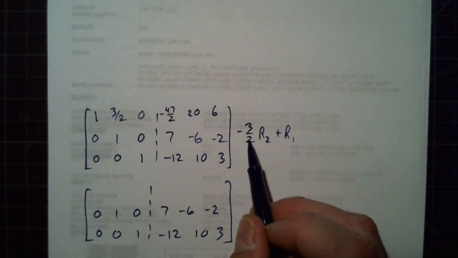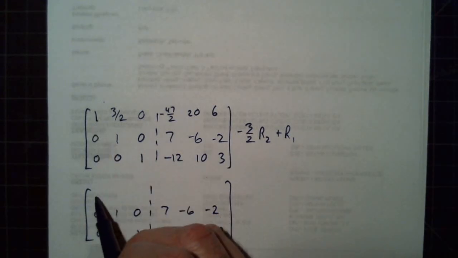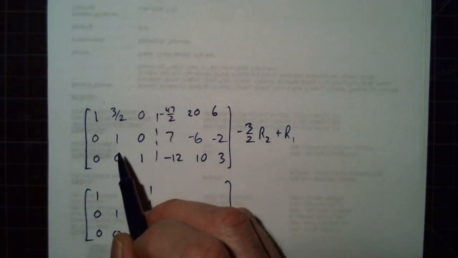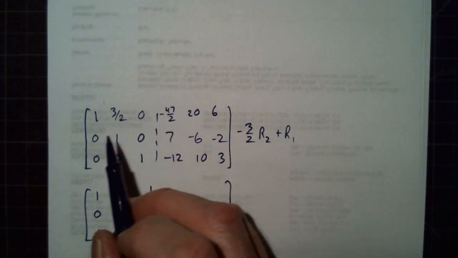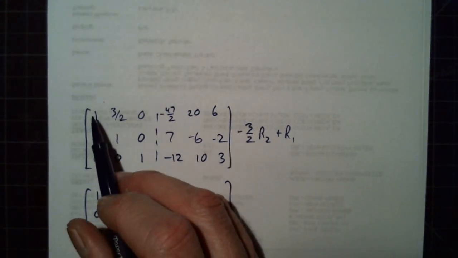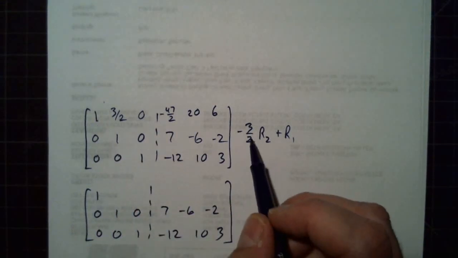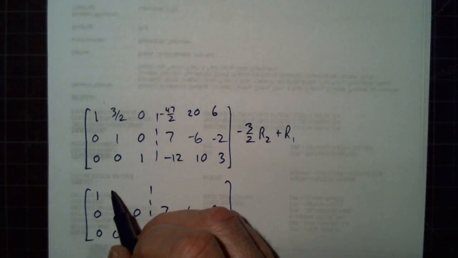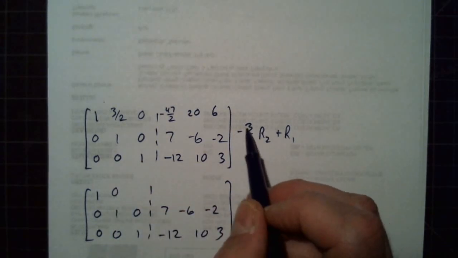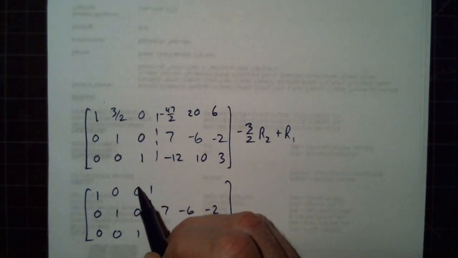And negative 3/2 times 0 plus 1 is 1. Negative 3/2 times 1, negative 3/2 plus 3/2. Negative 3/2 times 0 plus 0.